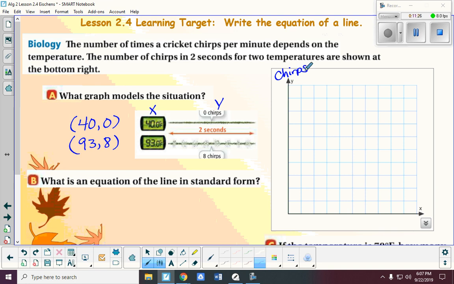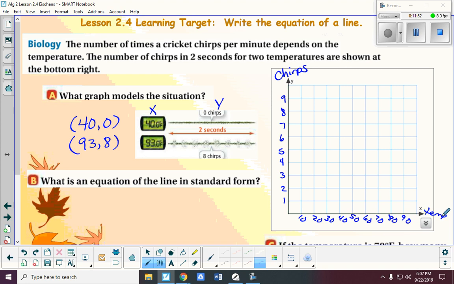And it looks like those we can count by ones when we plot those values. And the temperatures, we better count by tens to fit that on our graph. And this is the temperature. All right, so let's plot those points.